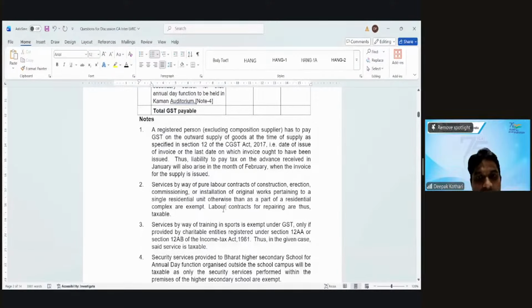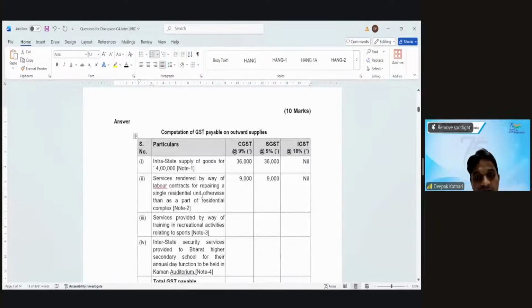Okay, so we are talking about a pure labor contract. It'll be taxable.